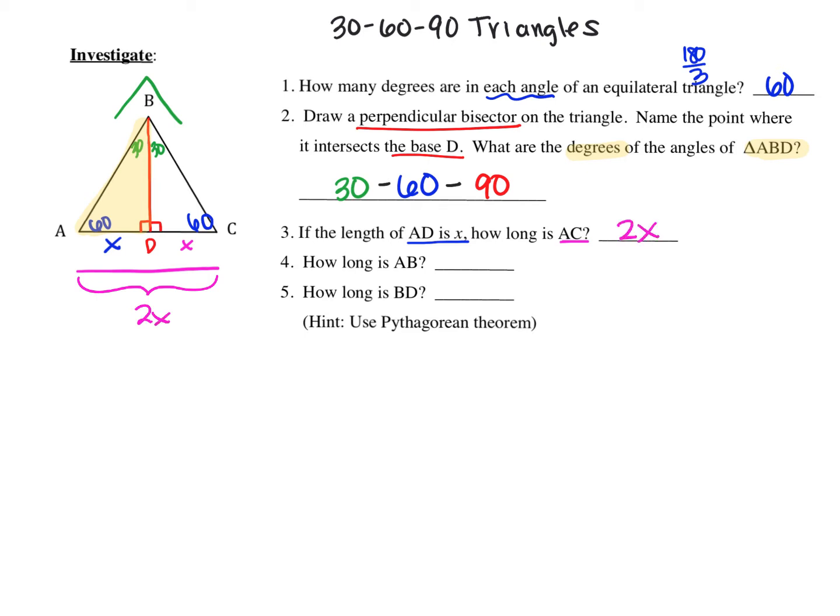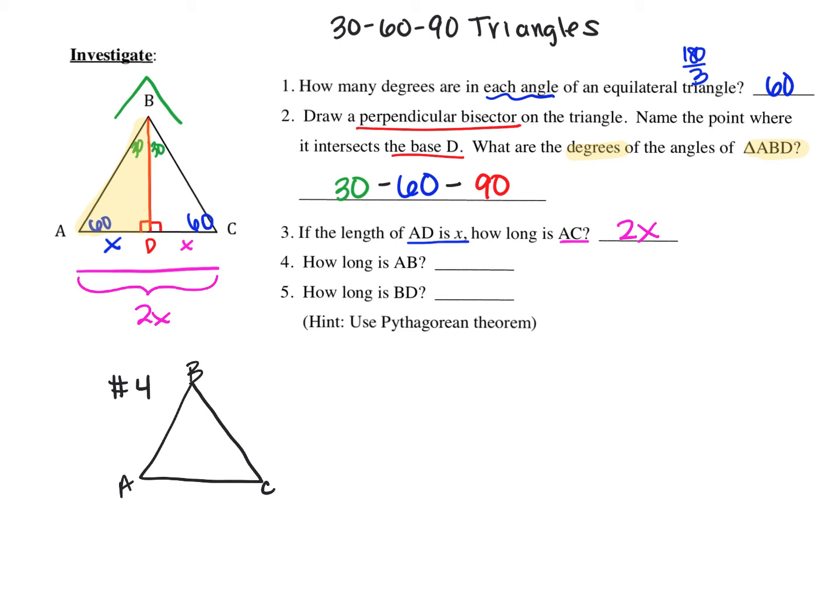Okay, so for number 4, we're going to be finding the length of AB. So for number 4, I'm going to work that one down over here. On your notes, if you printed the copy, try to fit it in right here. Just write small. So if we're going to find the length of AB, we have ABC. This is the original equilateral triangle that we had.